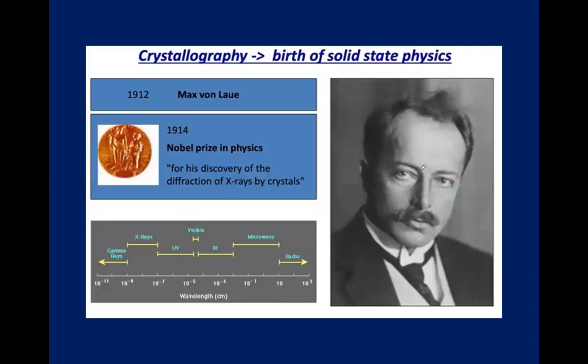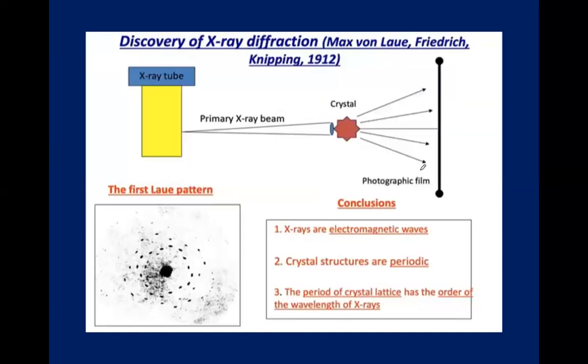Again, we talked about the birth of crystallography coinciding with the birth of solid state physics. In solid state physics, X-ray diffraction of crystals was discovered, which indicated a systematic scattering of X-rays when they pass through a crystal. For that, the crystal has to be very symmetric.